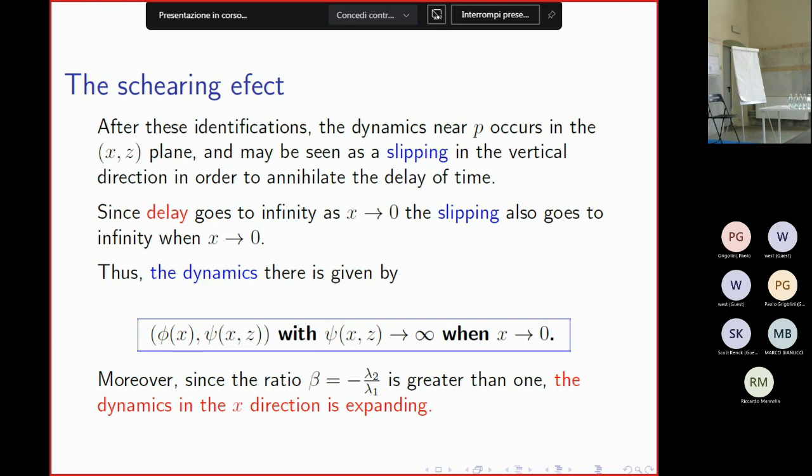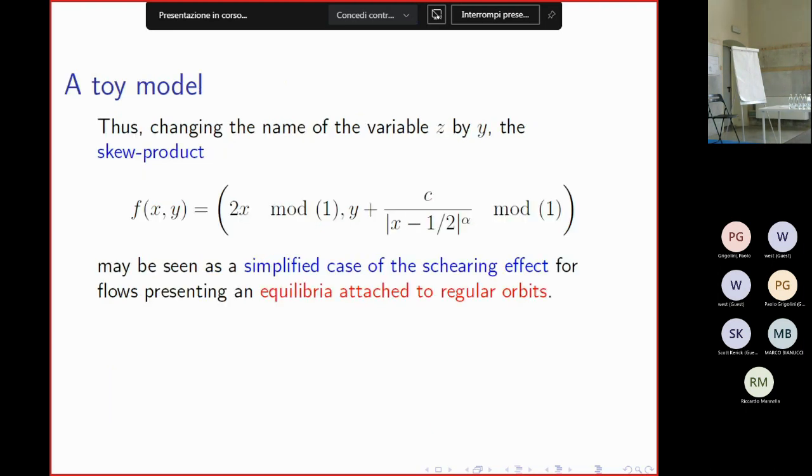After some identifications, changing the names of variables, you can see that this map is defined here. This is like a skew product.